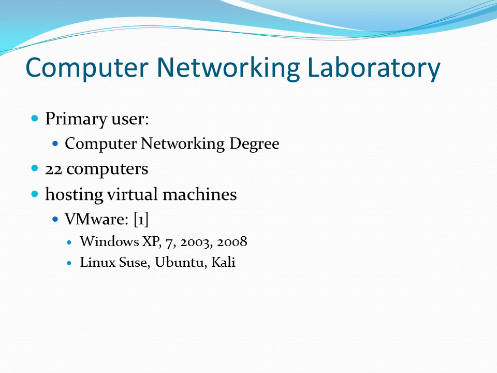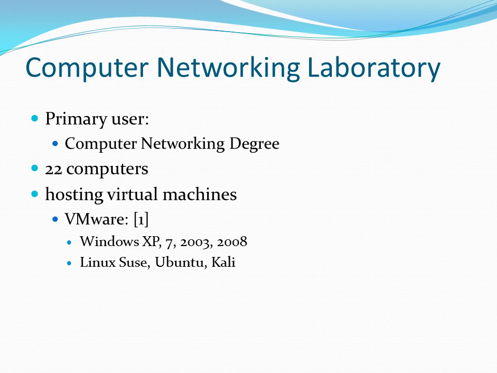So the primary users of the computer networking laboratory are the computer networking degree program, and there are 22 computers that are used by the actual lab itself, plus some others such as the master computer, which contains a master image of the computers in the laboratory, and some test machines.